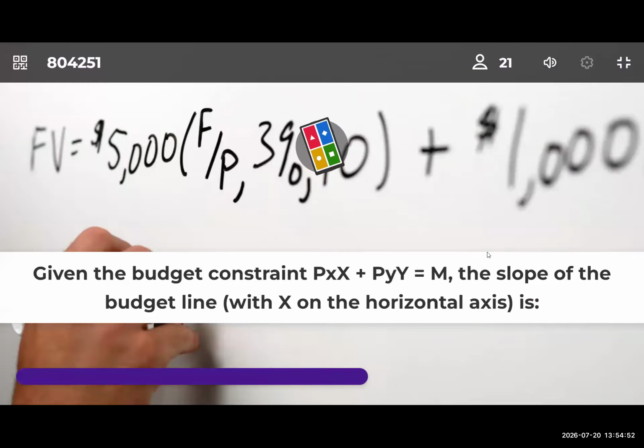The budget constraint: what is the slope of the budget line?